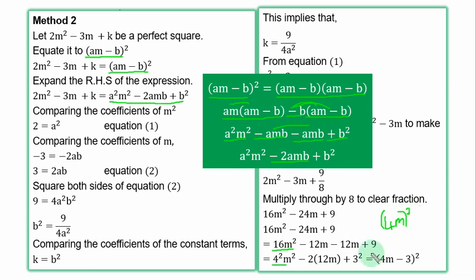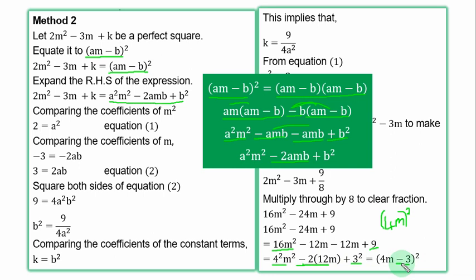Then we also write 9 such that the square of the new number will give us 9, and that is 3 squared. So clearly b is 3. The sign that connects the first term, 4m, and the second term, 3, is the sign from the middle term when you are considering the whole expression, and that sign is negative.